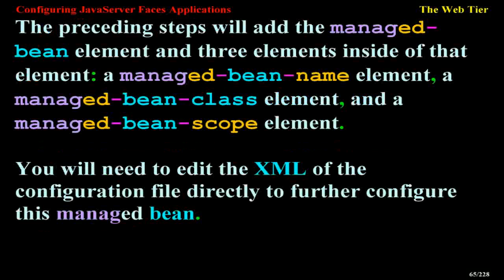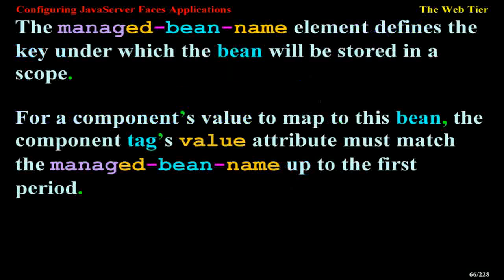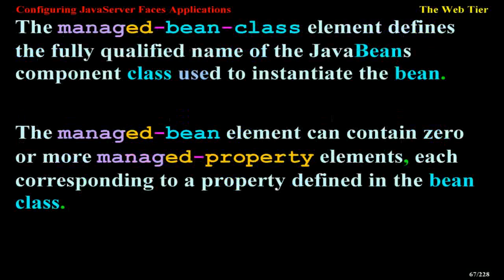You will need to edit the XML of the configuration file directly to further configure this managed bean. The managed bean name element defines the key under which the bean will be stored in a scope. For a component's value to map to this bean, the component tag's value attribute must match the managed bean name up to the first period. The managed bean class element defines the fully qualified name of the JavaBeans component class used to instantiate the bean.